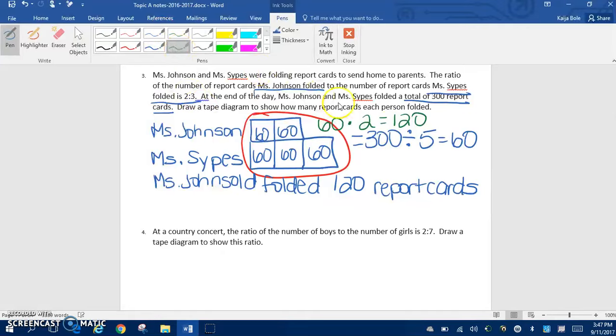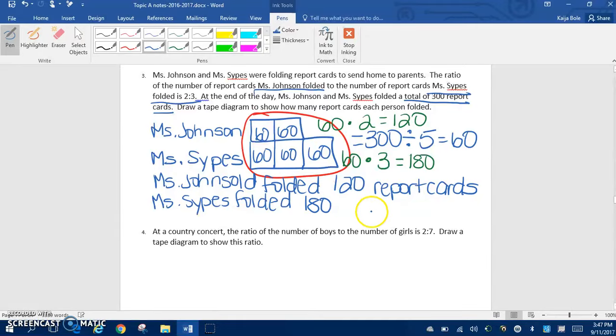And if we look at Miss Sipes, again we have 60 times 3 boxes here, and 60 times 3 gives us 180. So Miss Sipes folded 180 report cards.